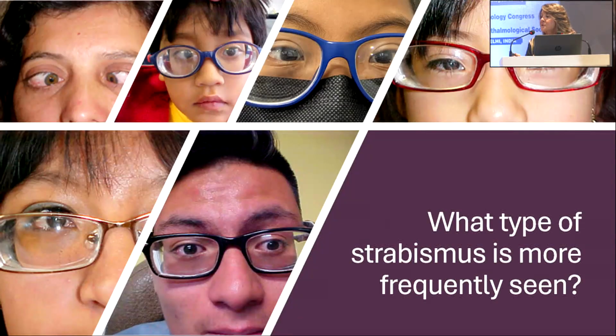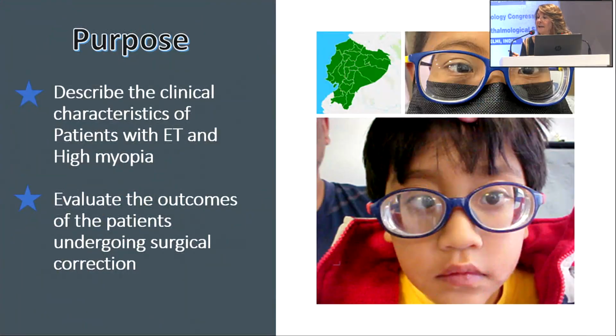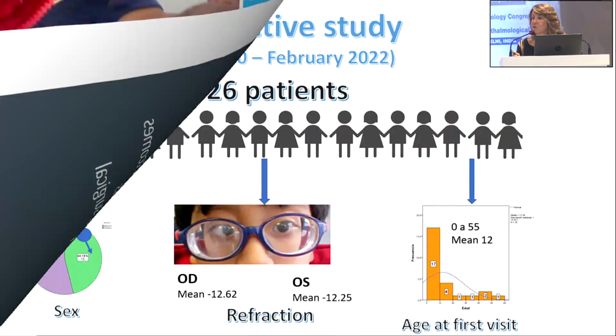What type of strabismus is more frequently seen? And this depends, of course, on the part of the world you are working. For example, in the previous paper, you have seen that the exotropia was the most frequently one seen. But that's not what we see in the Western Hemisphere. And in the last International Strabismological Association meeting in Cancun, Mexico, we presented this paper where we looked into the clinical characteristics of our patients with esotropia and high myopia, and we evaluated the outcomes of the patients undergoing surgical correction.